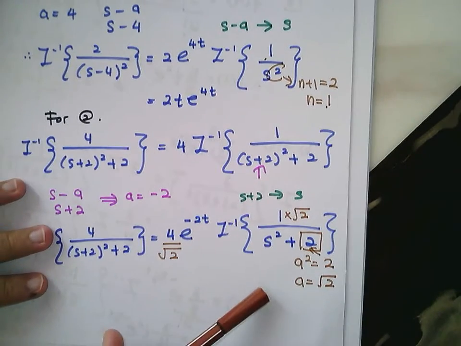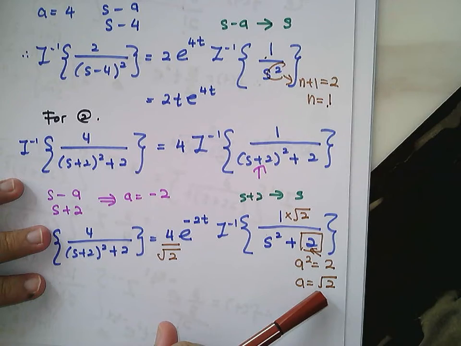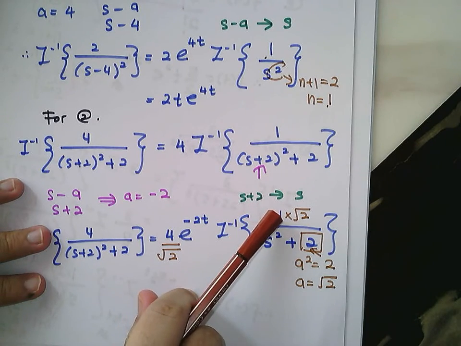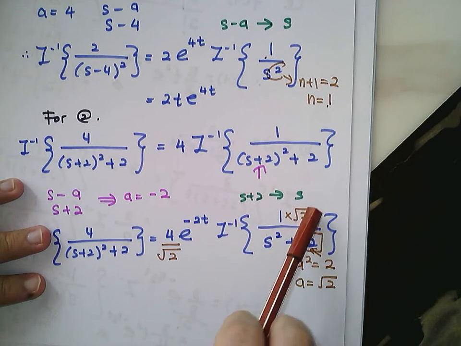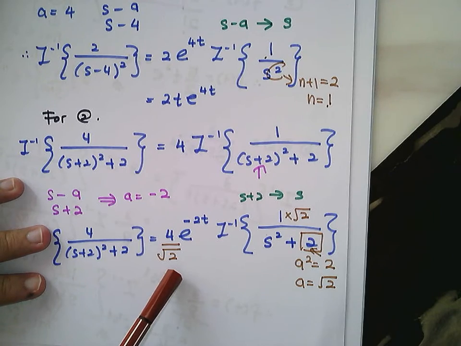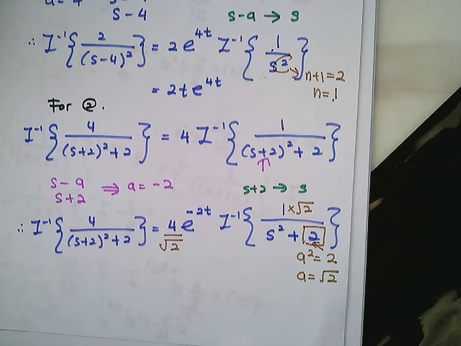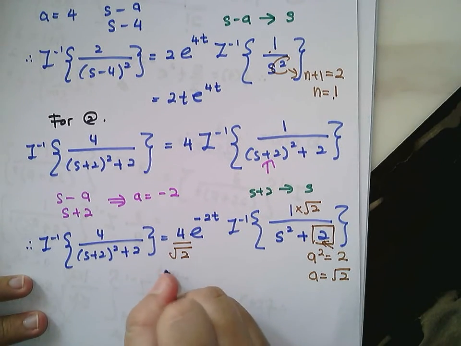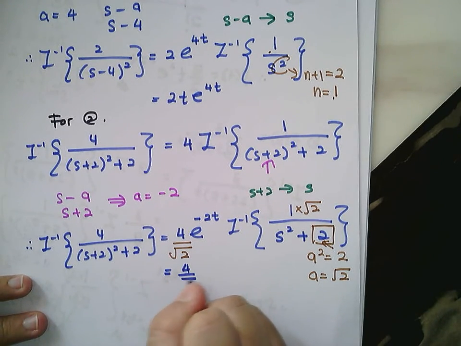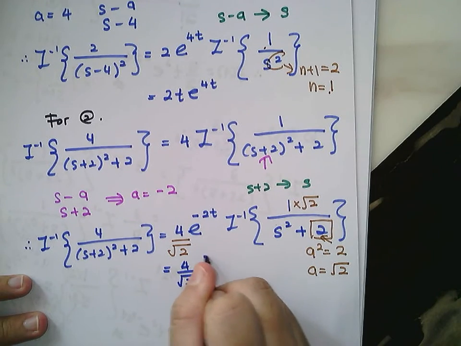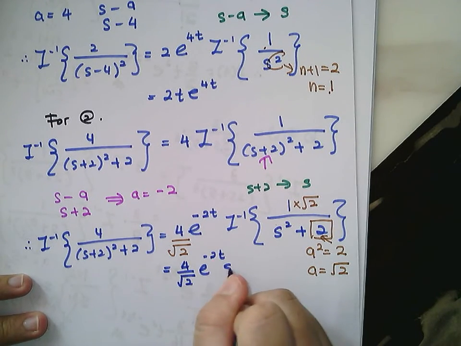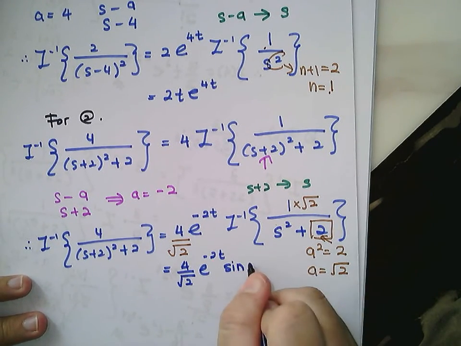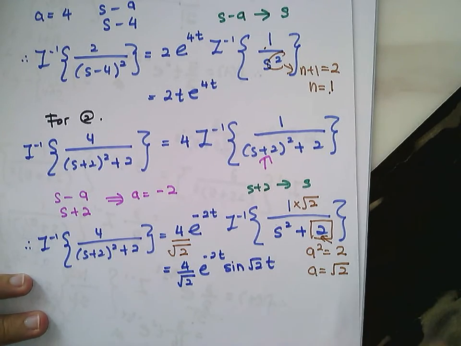Okay, but for this case your a is equals to root 2. So supposedly here should be root 2. So multiply by root 2, then you need to divide by root 2. Okay, so therefore your answer will be 4 over root 2 exponent negative 2t sine root 2t.